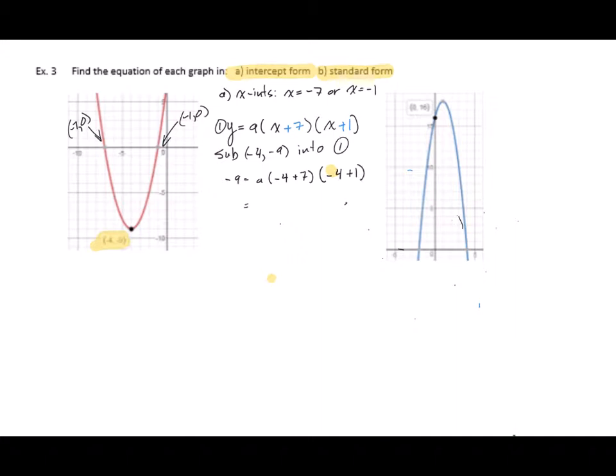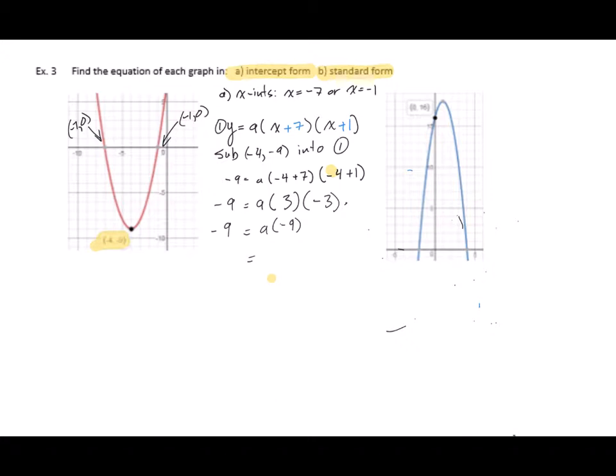Now, we end up with -9 is equal to a times, well, -4 plus 7 is 3, and -4 plus 1 is going to be -3. When we simplify the right side of our equation, we end up with a times -9 equals -9.